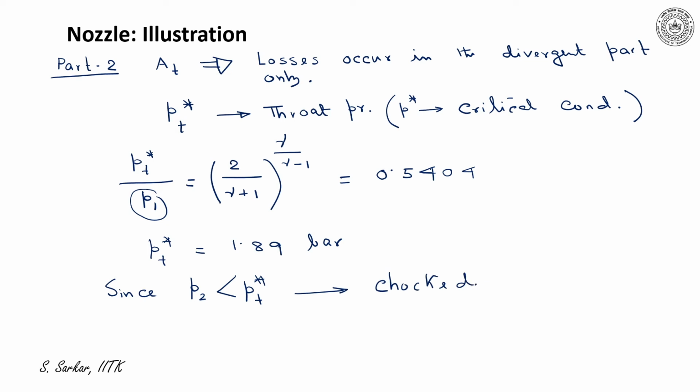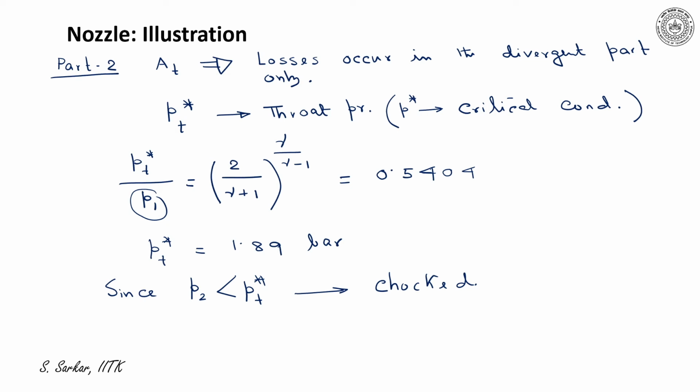So P2 was 1 bar. PT star I have calculated as 1.89 bar. Since the exit pressure is less than the critical pressure, definitely the nozzle is choked. So the discharge through the nozzle is maximum.